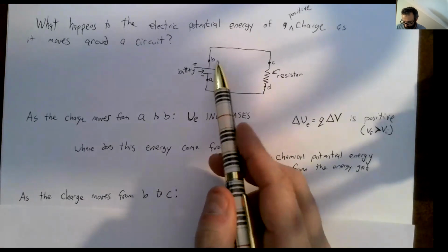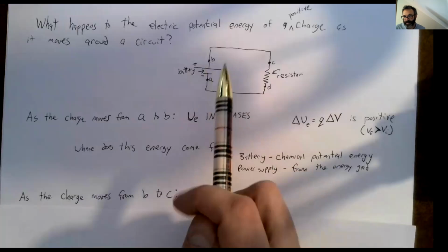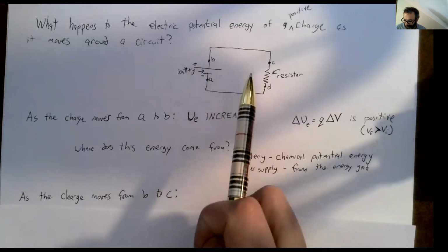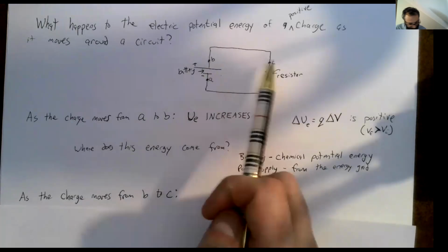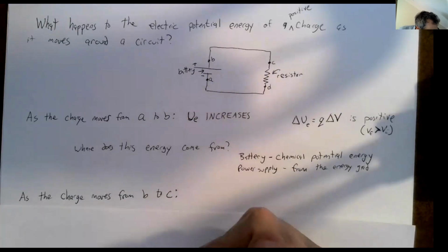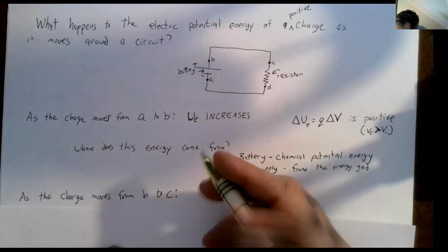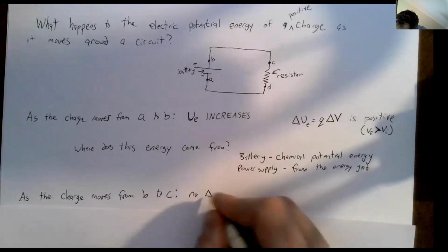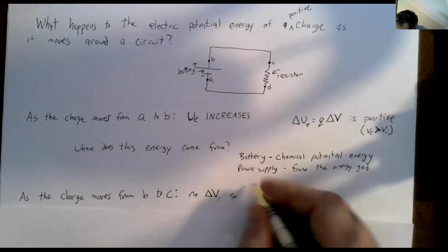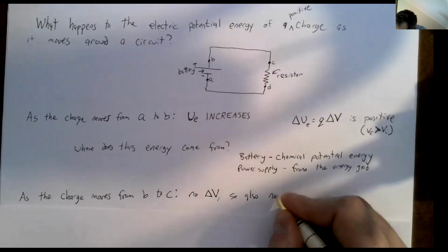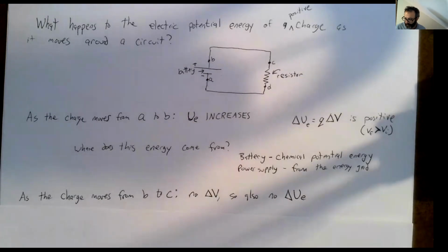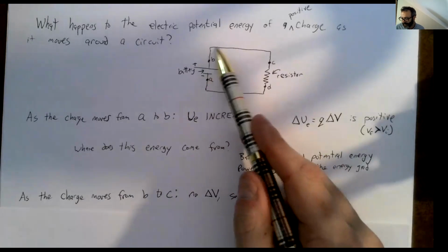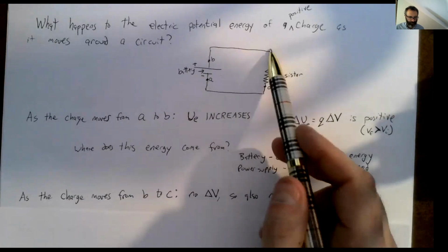If you try to measure with a voltmeter the potential difference between these 2 points, there's not going to be any potential difference. So there's no delta V, so also there's no change in electrical potential, right? The charge doesn't lose energy or gain energy traveling along the ideal wire here.